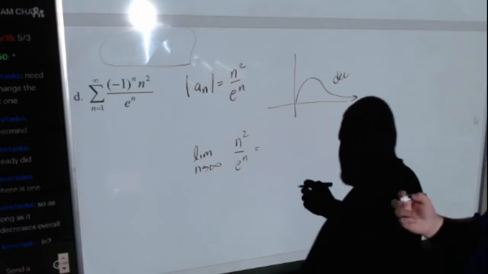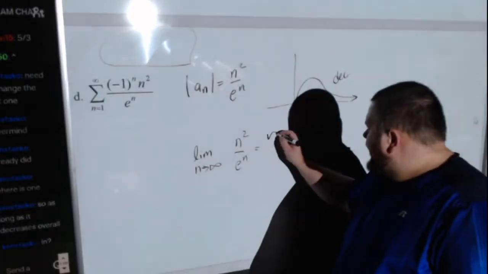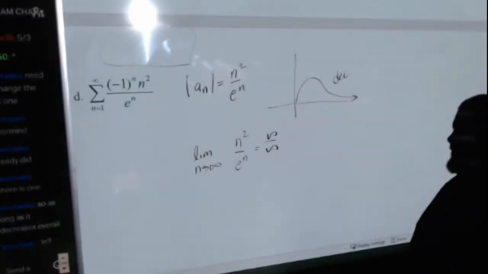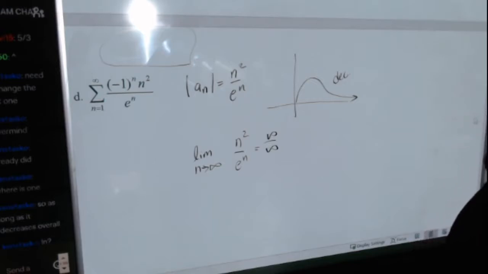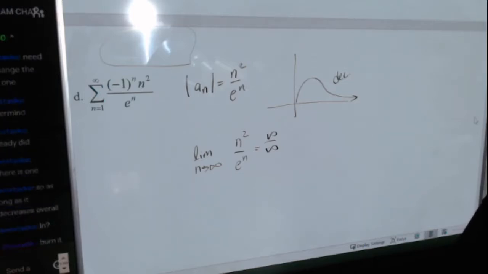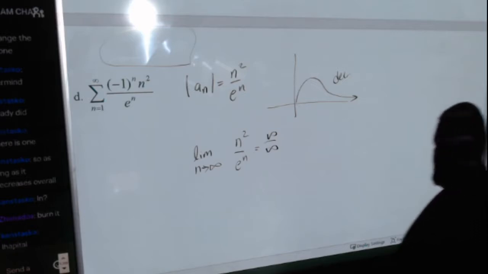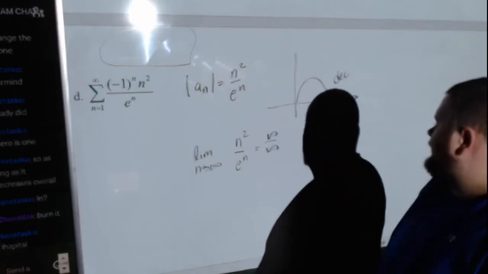So if I plug in right away, what do I get? Looks like infinity over infinity, right? Does that cue you into what we should use? Maybe think back to Calc 1. All right, use L'Hopital's rule.